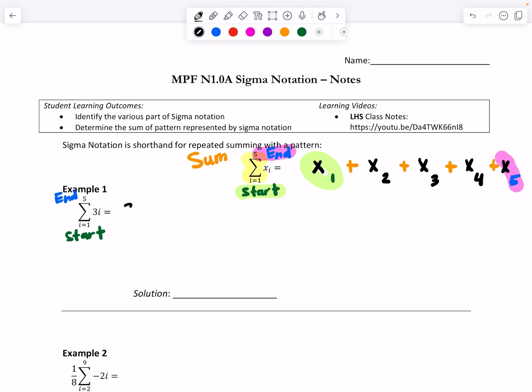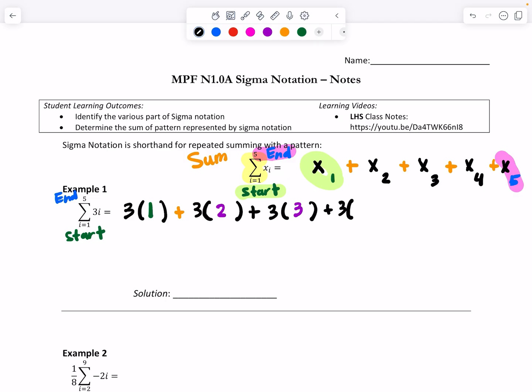Okay, so I'm going to have 3i starting with i equals 1, plus 3i, but this time i is going to equal 2, plus 3 times i equals, I'm just counting up. It used to be 2, now it's 3. Plus 3 times i equals 4, plus 3 times i equals 5.